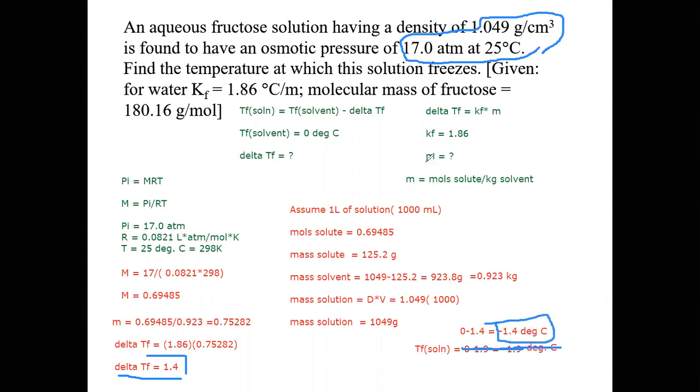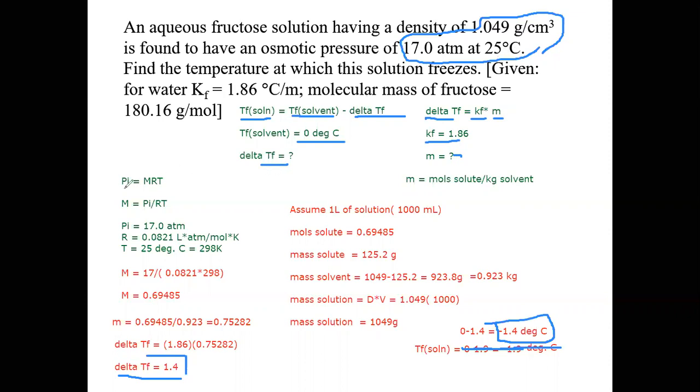So just to recap, we're looking for the freezing point of the solution, which is the freezing point of solvent minus delta TF. We have the freezing point of solvent, we didn't have delta TF. So to find delta TF, we need the KF and molality. Well, the KF is given to us, the molality we don't know. So we have to find molality, which is a unit of concentration, so we have to use the other information given to us to get the concentration of this solution.